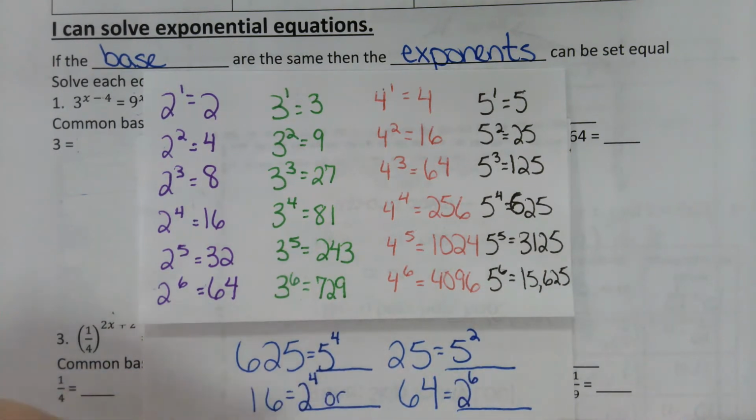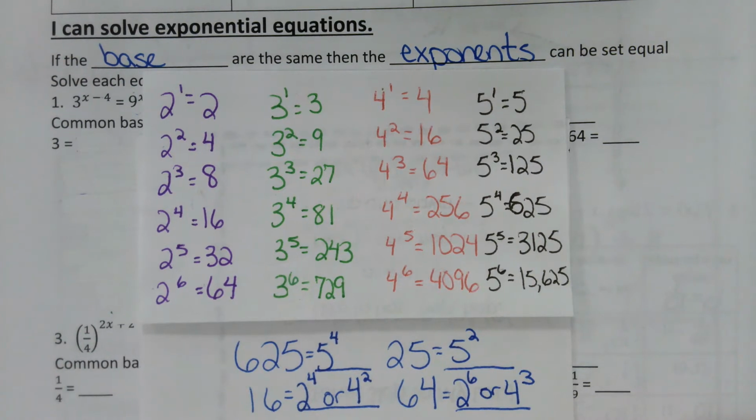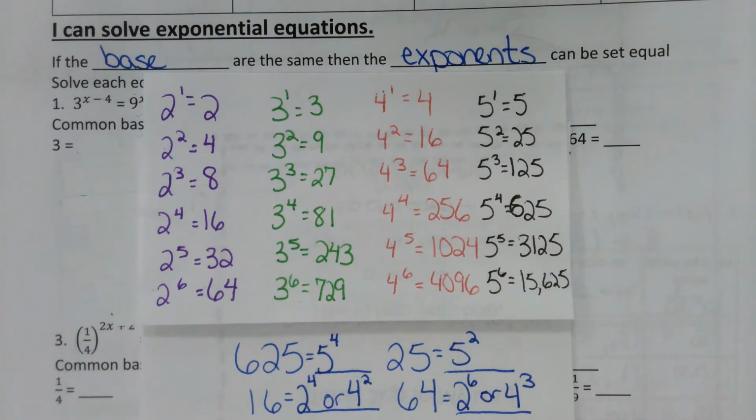Or you could use the powers of 4, 4 to the 2nd, and 4 to the 3rd. A factor tree may be useful, or some good old tried and true trial and error on our calculator until you get the hang of figuring out what common bases would work.